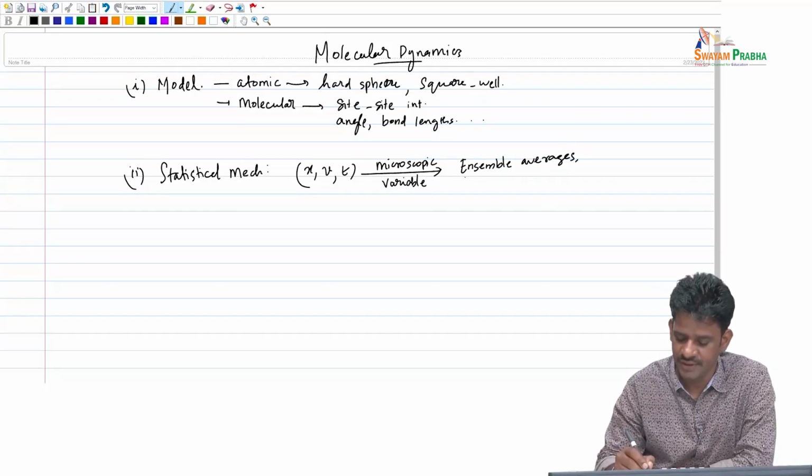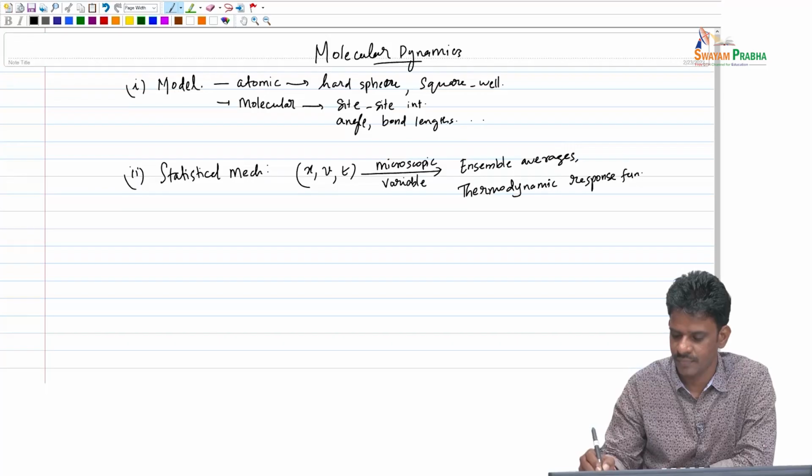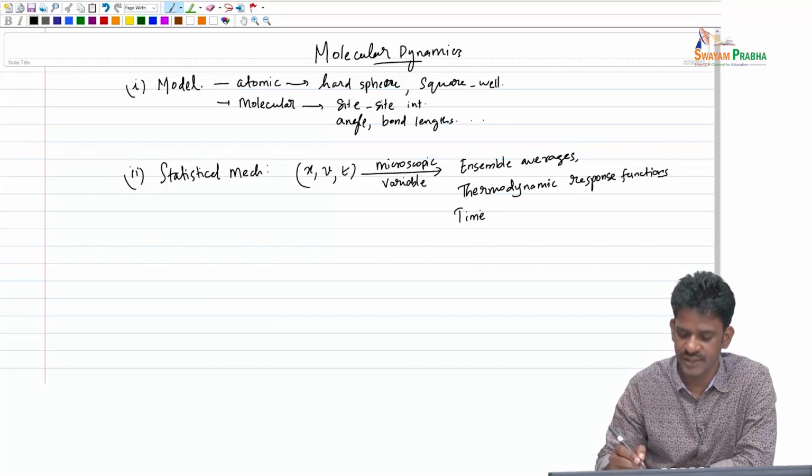Sometimes we calculated thermodynamic response functions using fluctuations, and time correlation functions, so that transport properties can be calculated.